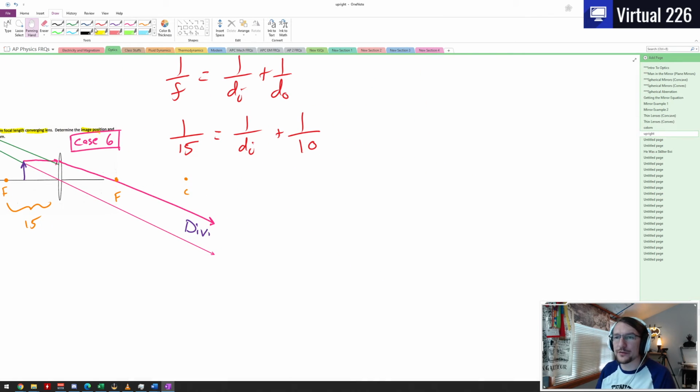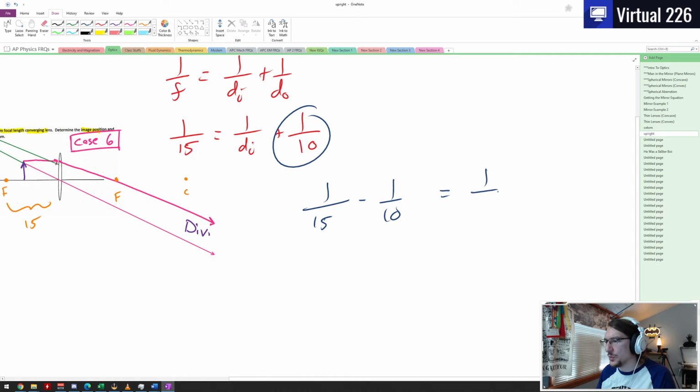Now for solving for di, we'll subtract 1 over 10 from each side, so 1 over 15 minus 1 over 10 equals 1 over di. Something I notice here is that 1 over 15 is going to be a smaller number than 1 over 10 because it has a larger number in the denominator. So I want to be careful when I divide each of these and then subtract them.